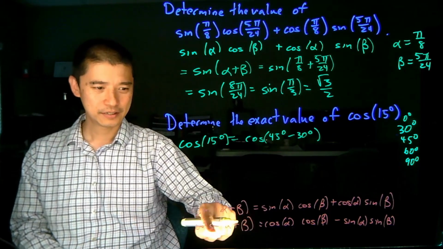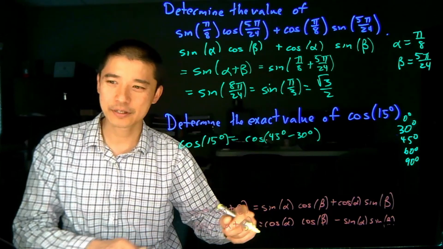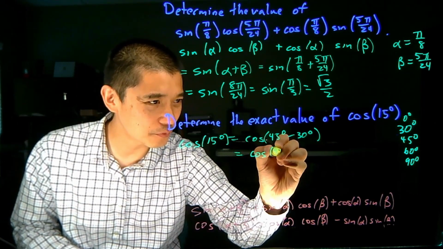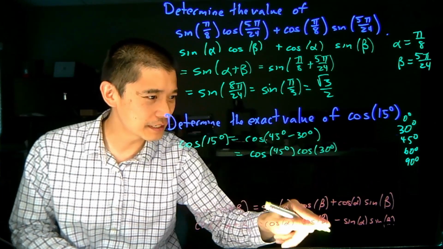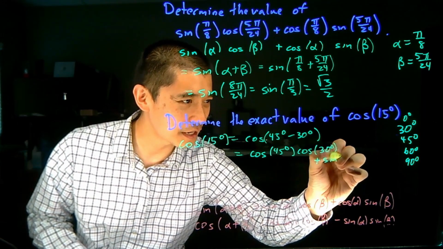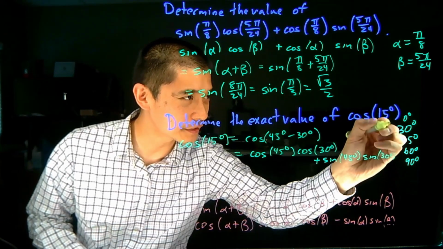Cosine of a sum of angles formula, we actually have the difference here, so we're just going to swap the signs. So this is going to be cosine of 45 degrees times cosine of 30 degrees. Instead of a minus, we turn that into a plus, plus sine of 45 degrees sine of 30 degrees.